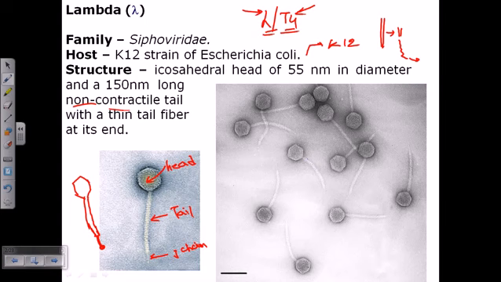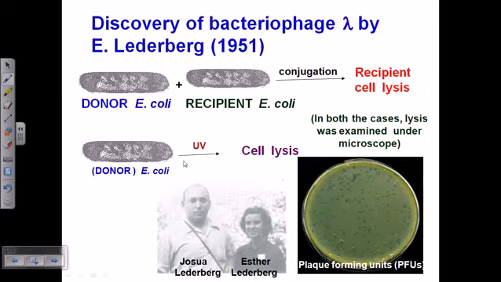You can see in these images that it bends and moves, so it is more flexible than the contractile tail of the T4 phage. This tail has two important organizations: one is the circular rings, and inside you have a hollow chamber.